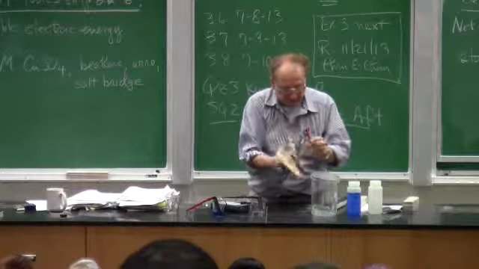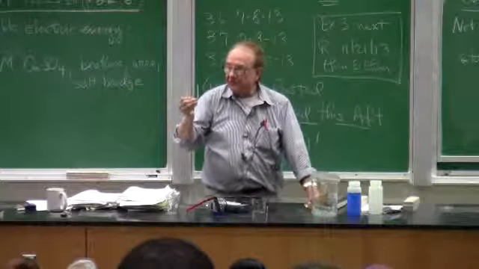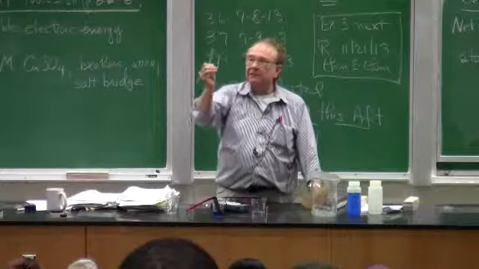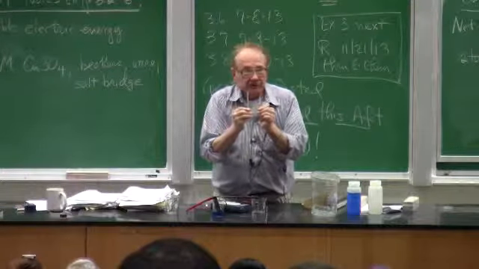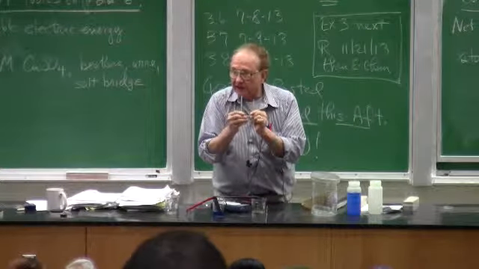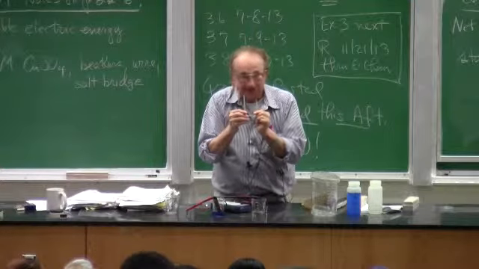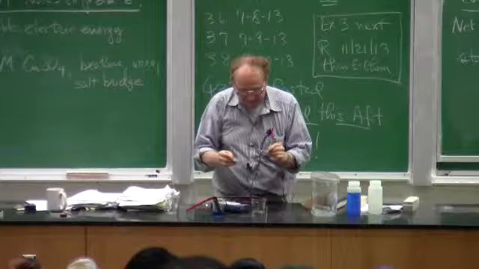Not dangerous. This is saturated sodium sulfate paste. That's inside the salt bridge. Because in the salt bridge, we need a medium that's rich in mobile ions. Because flowing ions are current. Any charged particle flowing is a current, okay?